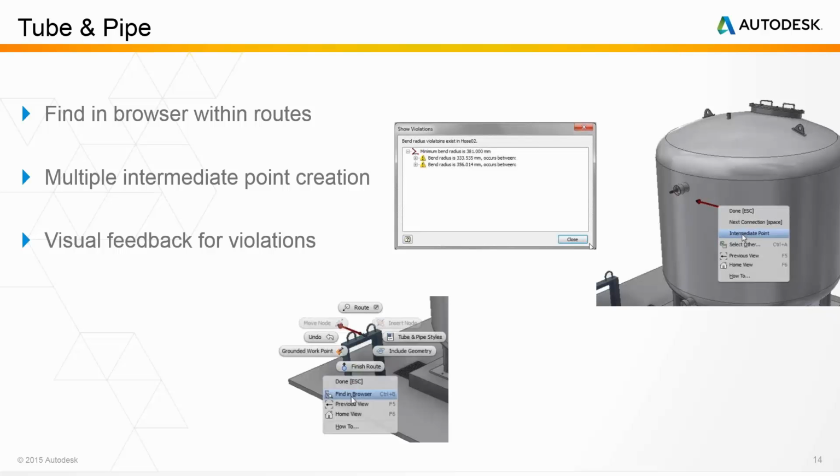And for areas where you've got tight bend radiuses, you'll also note that there's now visual feedback for violations. So not only is it warning you that there's an issue with the bend radius of your hoses, you'll actually get visual feedback on where those issues are.